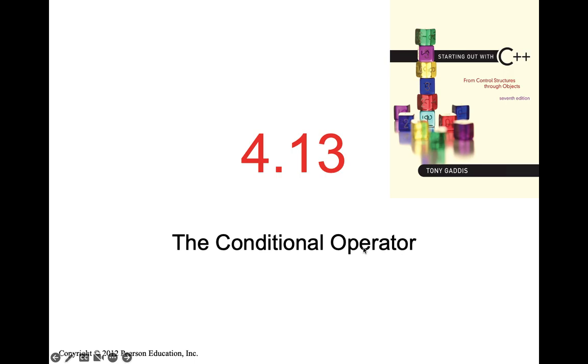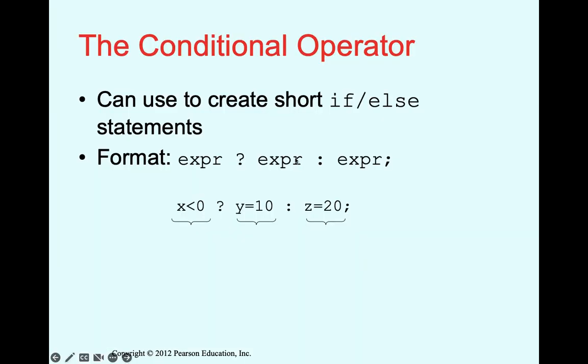So there is something called the conditional operator. The conditional operator is another way to write if else, a shorter way. For example, you can write x less than 0, then you write a question mark. If this is the case, then you write y equal to 10. Otherwise, z equal to 20, semicolon.